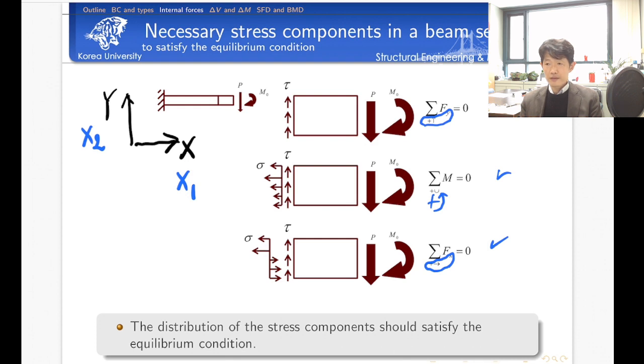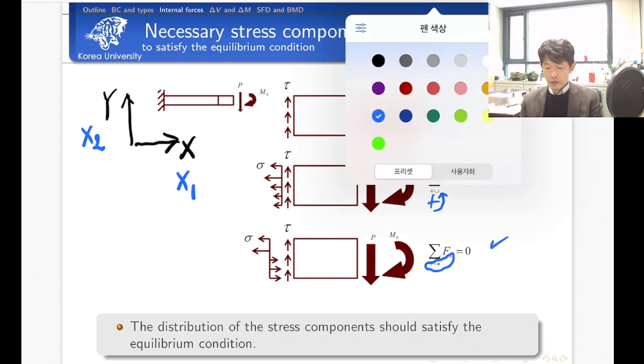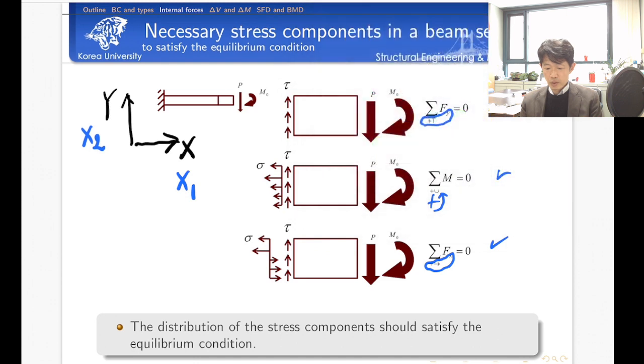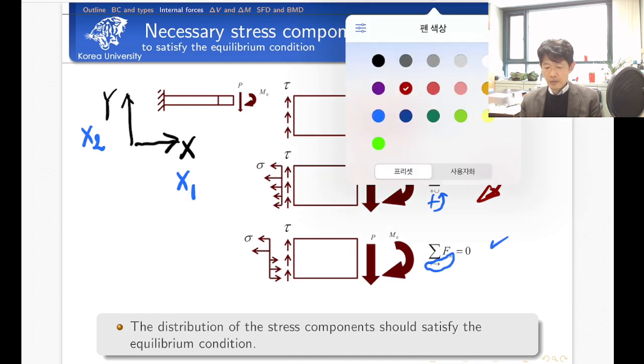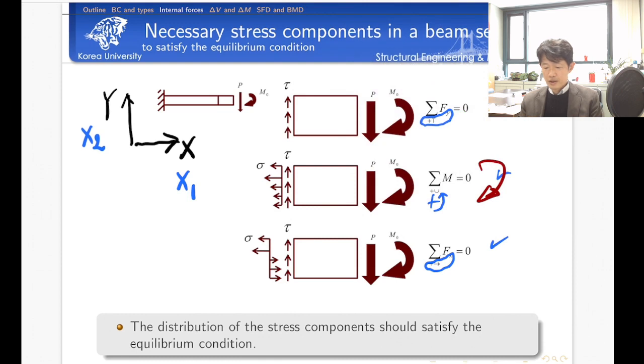Then how do we satisfy the moment equilibrium? To satisfy the moment equilibrium, we have another moment. For example, because of the external force, we have a non-zero moment in this direction, isn't it? To cancel out this moment, we need to have another moment in the opposite direction. Otherwise, we cannot cancel. We need this moment.